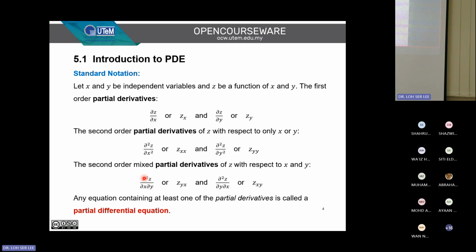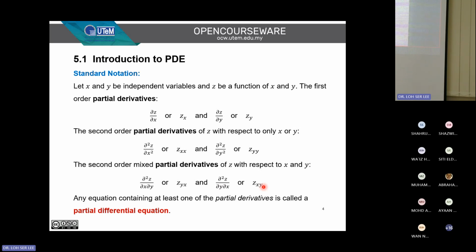With the subscript notation, we read from left to right, y first, then x. With the del notation, we read from right to left, y first, then x. That's why these two refer to the same partial derivative. This is another one: x followed by y.